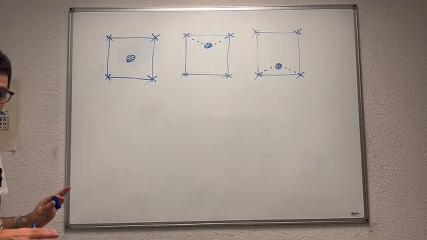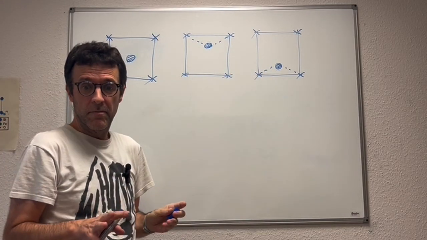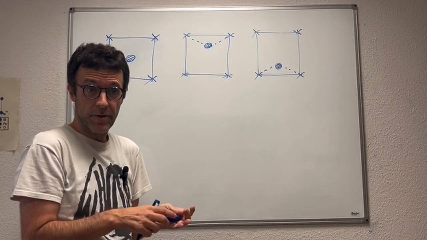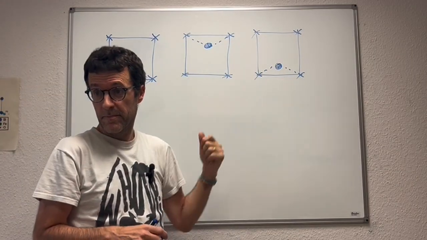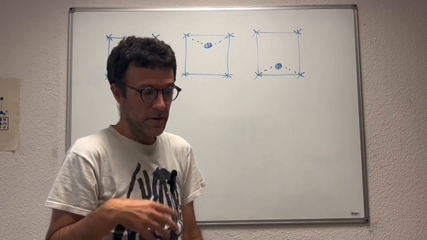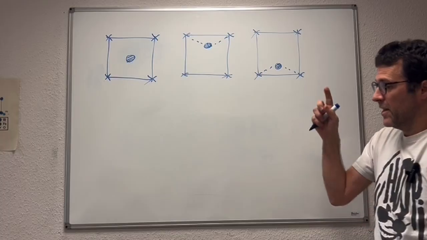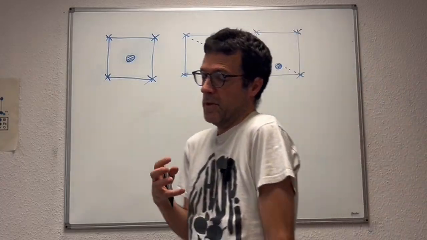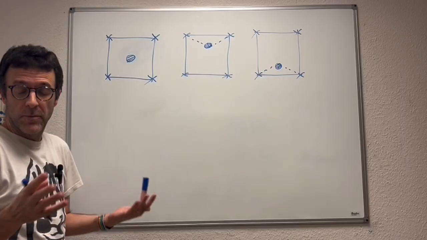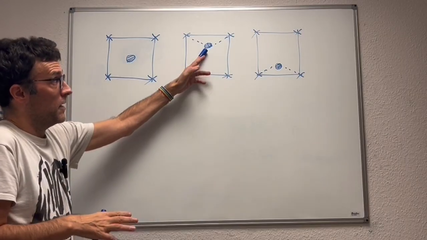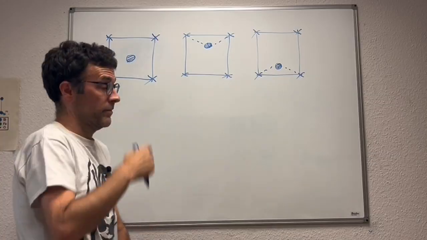Now, if these are the lowest energy configurations of the system, we can be pretty sure that at low temperature, we will find the system either in this one or in this one. At low temperature, the system doesn't have, or let's say in a classical view, these atoms don't have any kinetic energy, so they don't vibrate. So they get stuck either in this configuration or in this configuration. Okay.